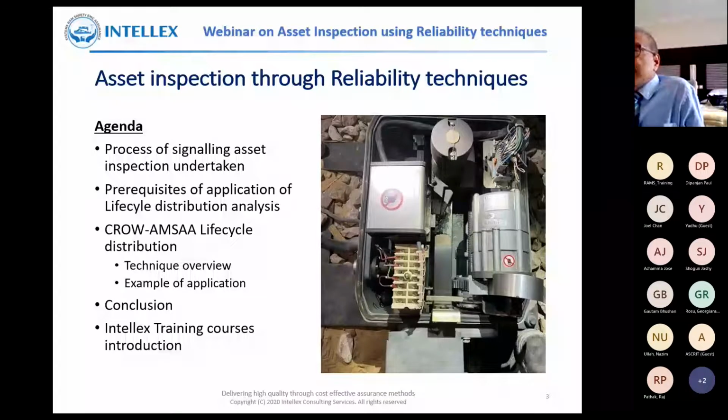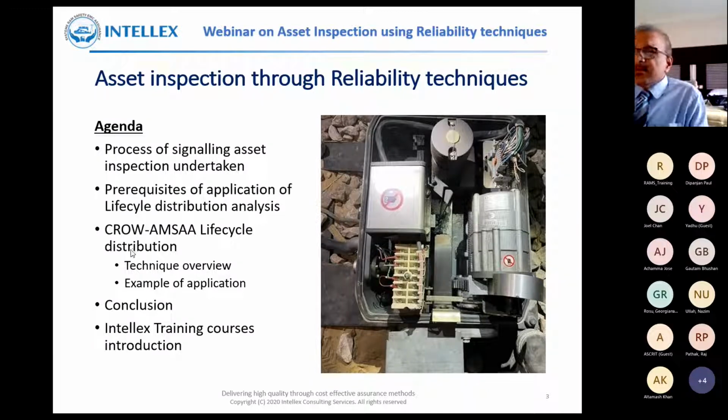And we used this in a recent project when I performed the signaling asset inspection with a life cycle distribution. We give a technique overview and an example of calculation, and we go to the conclusion. We also take the opportunity to give a short introduction of the Intellex training courses as well.